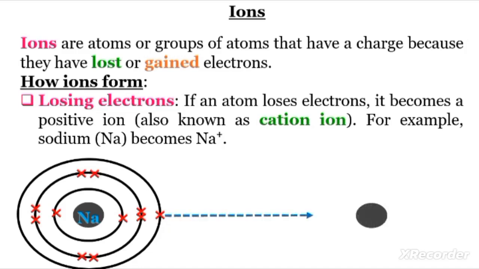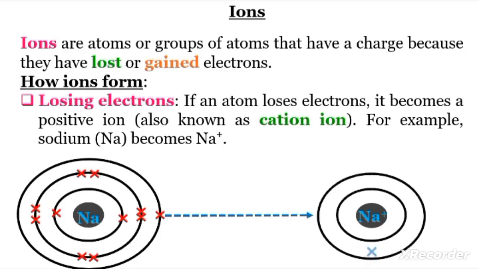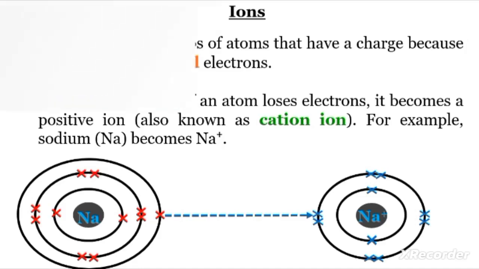After losing this 1 electron, sodium will have a positive charge, as illustrated here, and it will have 8 electrons in the outermost shell. This is one of the ways ions can be formed.